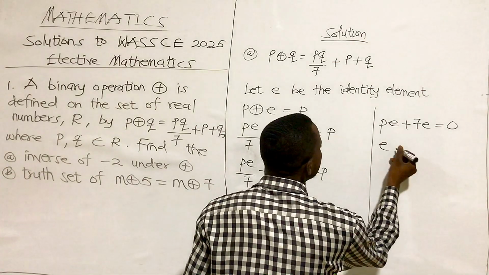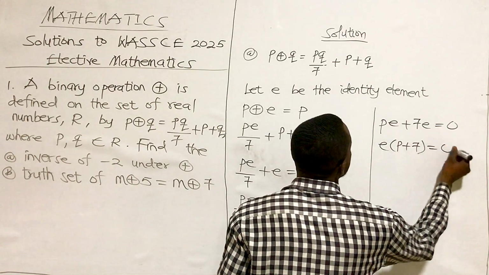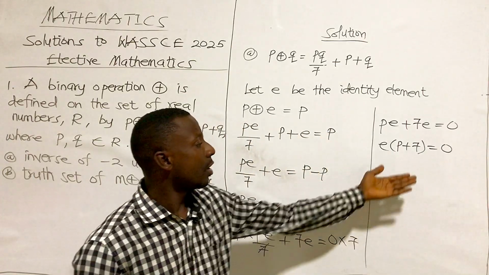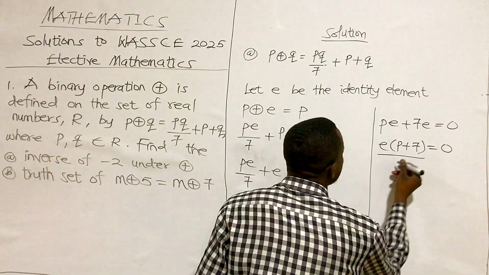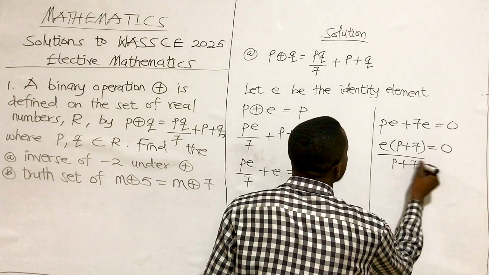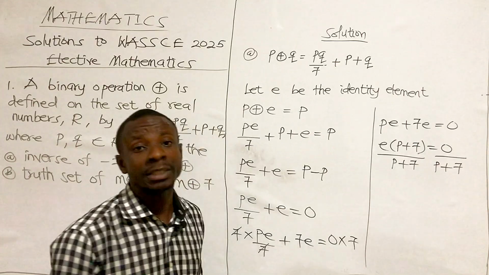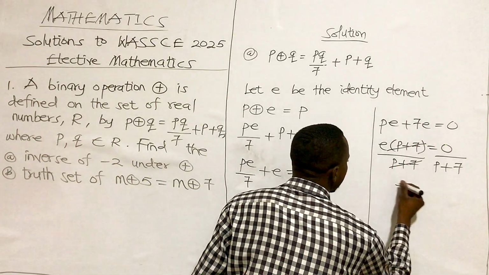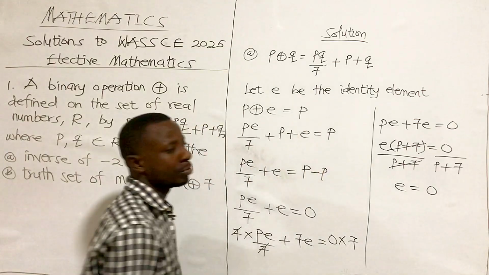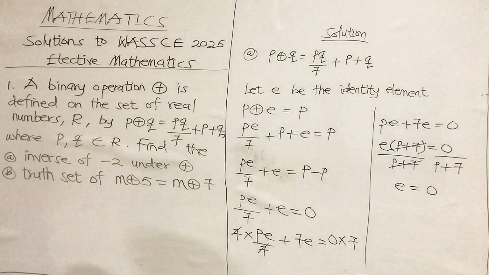So we have E into bracket P plus 7 is equal to 0. We need to make E the subject. So I'll divide both sides by P plus 7. So this cancels this, then we have the identity element to be 0. So this will be the identity element.